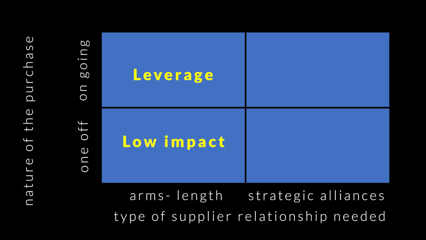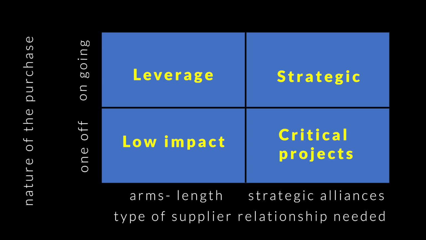Number 2, low impact. That is low unit cost items. 3, strategic. Items that are important to distinctive competency or important for the future of the organization. And then you have critical projects or long-term capital investment. You end up with those 4 quadrants.